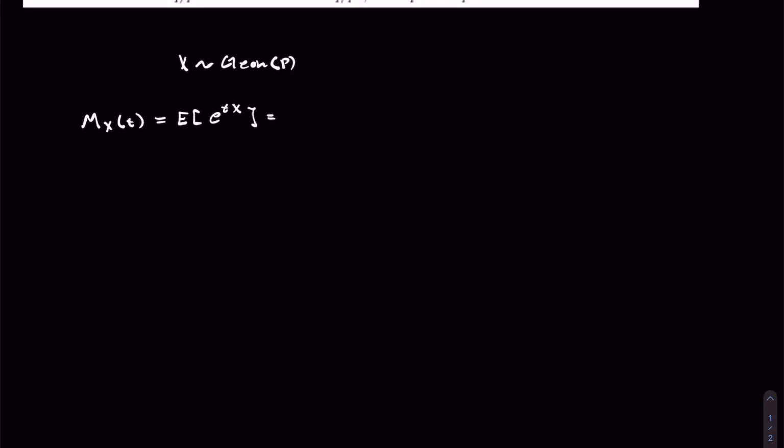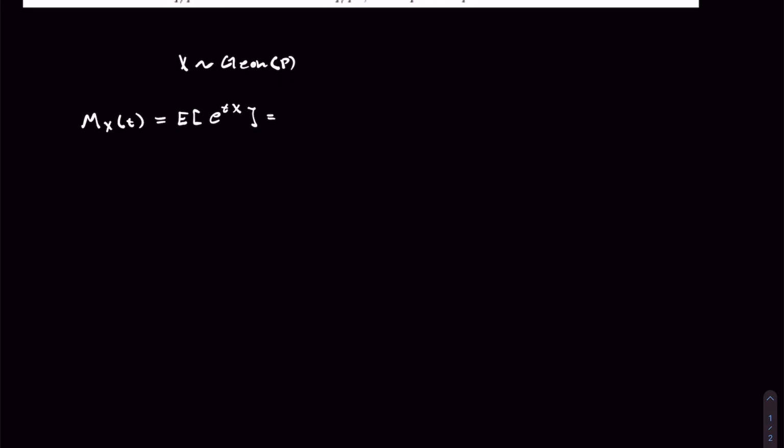So let's set a random variable X as geometric with parameter p, and then the MGF of X is, by definition, the expectation of e to the tX. We now calculate this expectation and see what the MGF is more precisely.